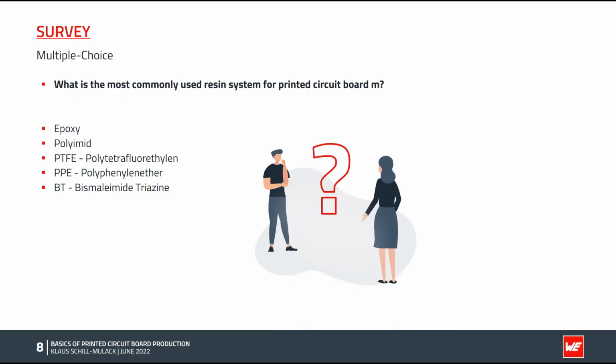PTFE is for high frequency boards, the same as PPE, which is also used in high speed, high frequency boards. And BT is, I would say, a special material which is used for high reliability or high temperature uses. But the main material, of course, is epoxy and then polyimide.